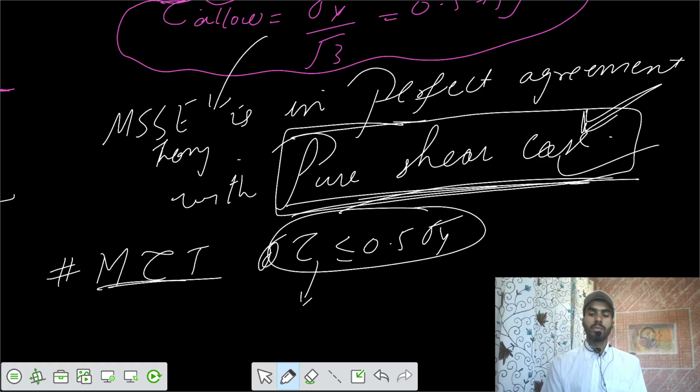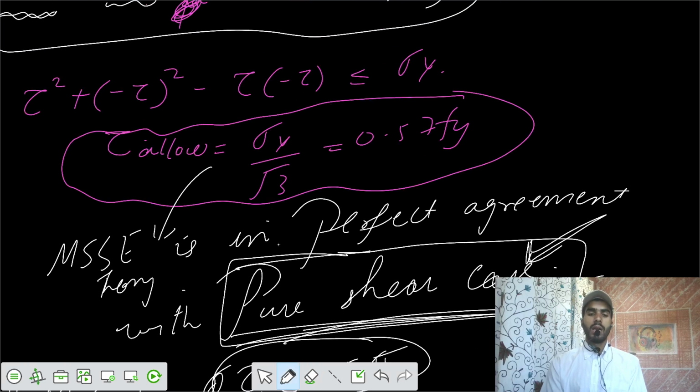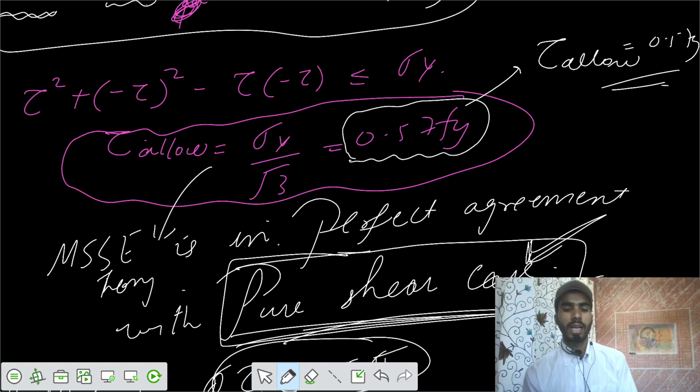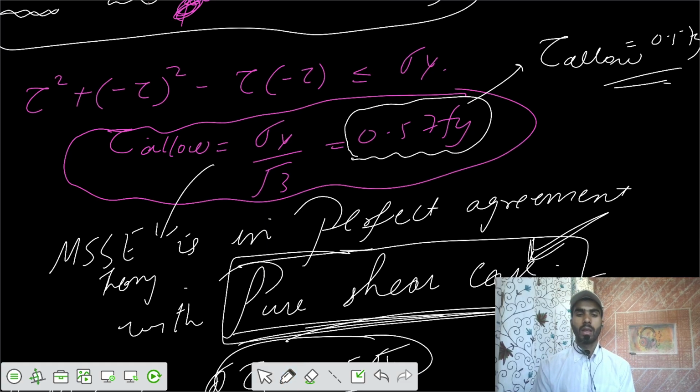But this one is giving accurate results, equal to the shear strength of the material. So this is in perfect agreement with the pure shear case.